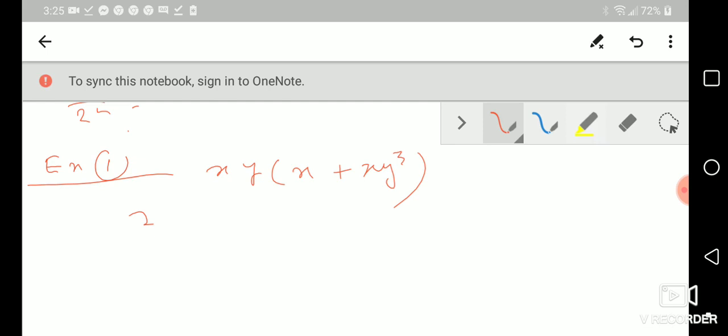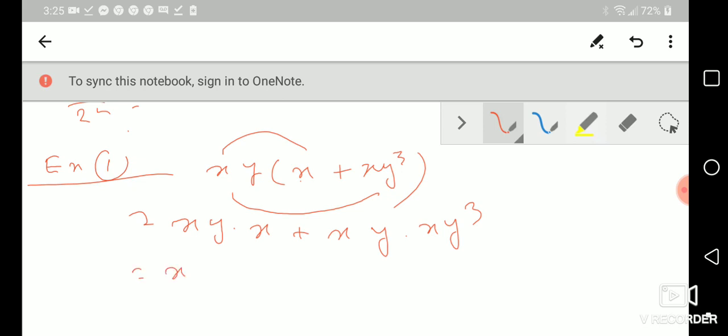We will multiply xy with x and xy with xy^3. So xy · x plus xy · xy^3. Okay, so we have simplified the equation already. Now we have x and x.